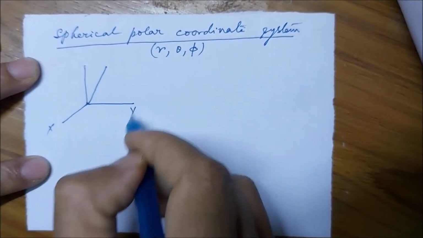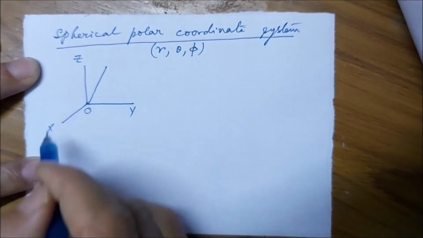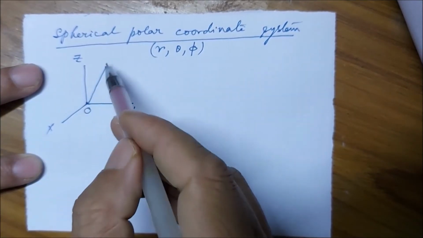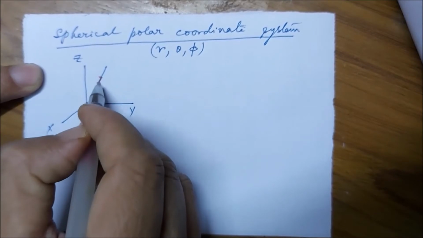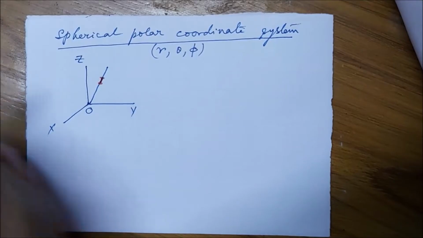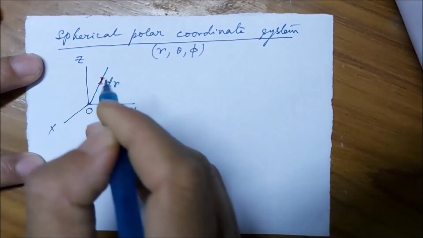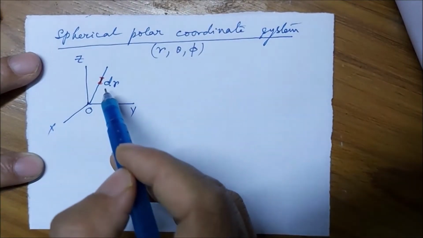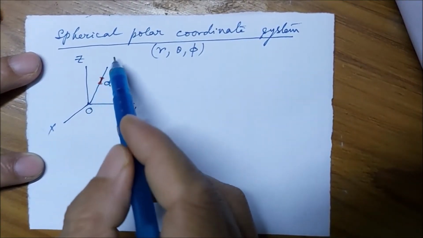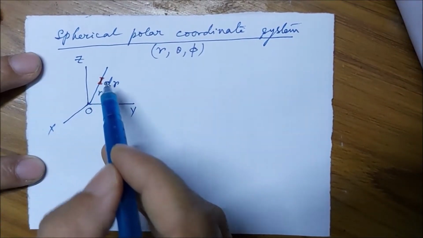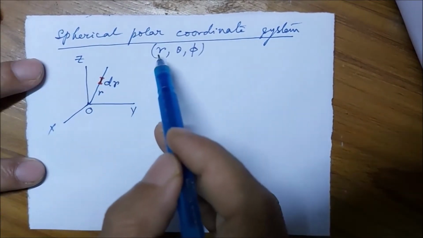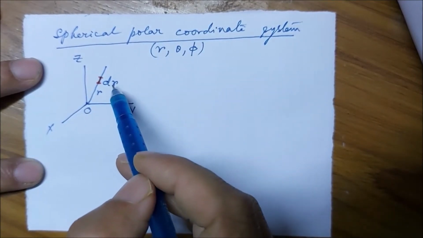So this is x, y, z, this is the origin, this is r cap, and a small element here is dr. So dr is the small element along r cap. This is r and this is dr. So the line element corresponding to the radial coordinate is dr.